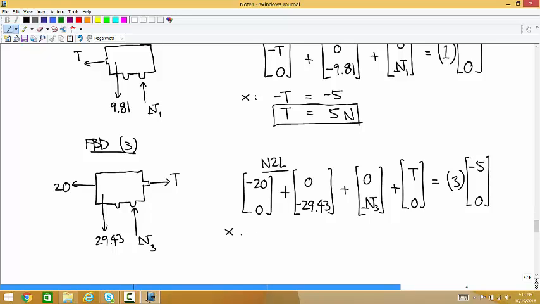And so the x equation says negative 20 plus T is equal to negative 15. And so T is equal to 5 newtons. Mic drop.